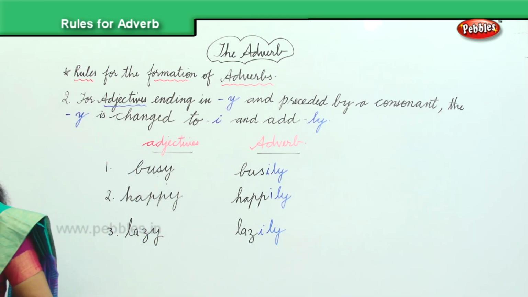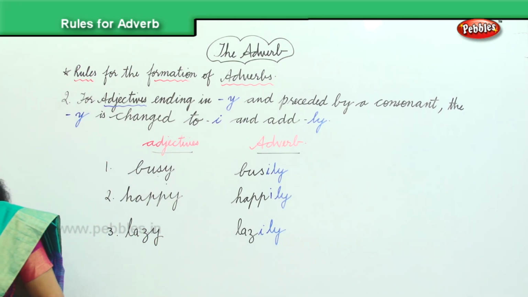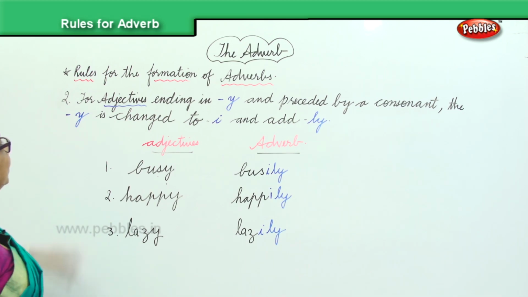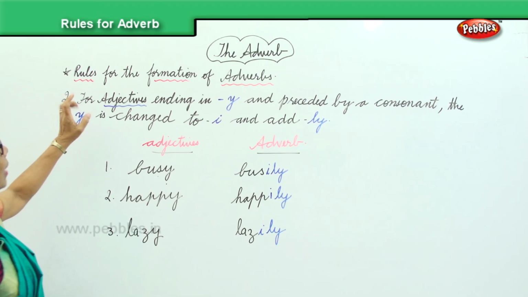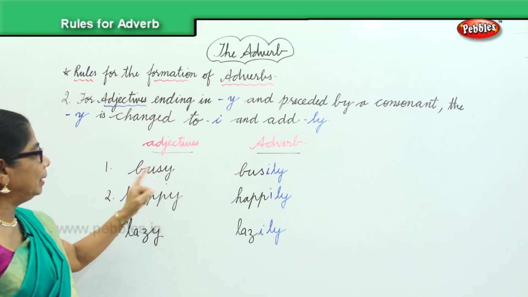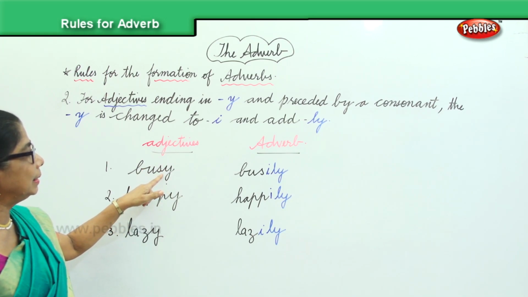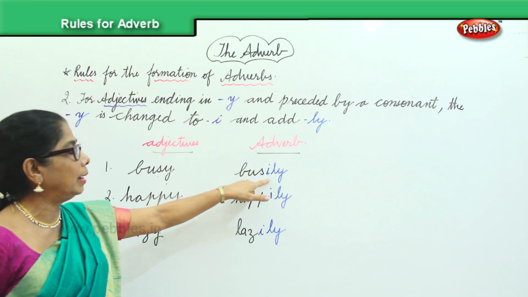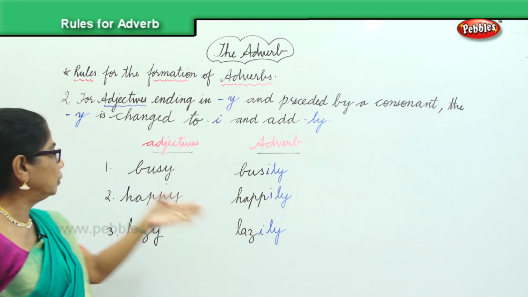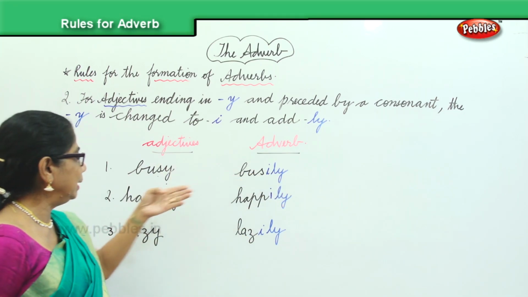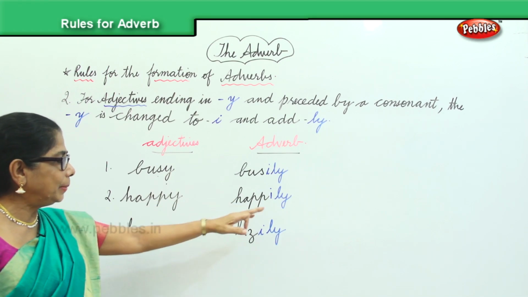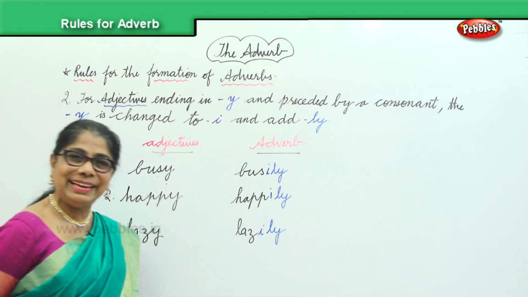So rule number 2 is for adjectives ending in Y preceded by a consonant, the Y changes to I, add ly. So busy, busily, happy, happily, lazy, lazily.